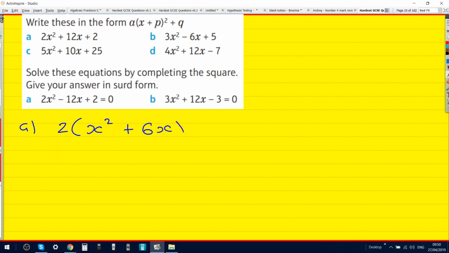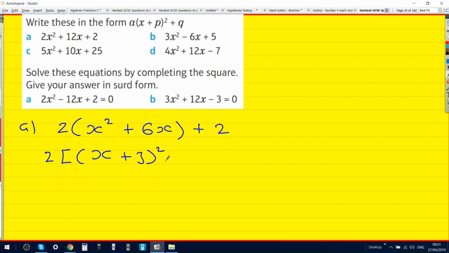Yeah. And let's leave this 2 at the end. And then now you have to make it into a square bracket. So will that be x plus 3 squared? Yeah. And what do we do then?